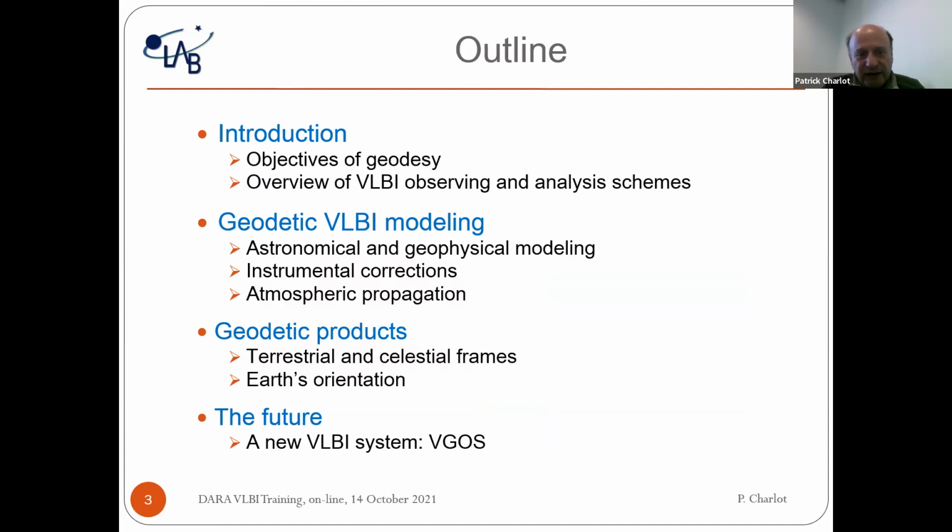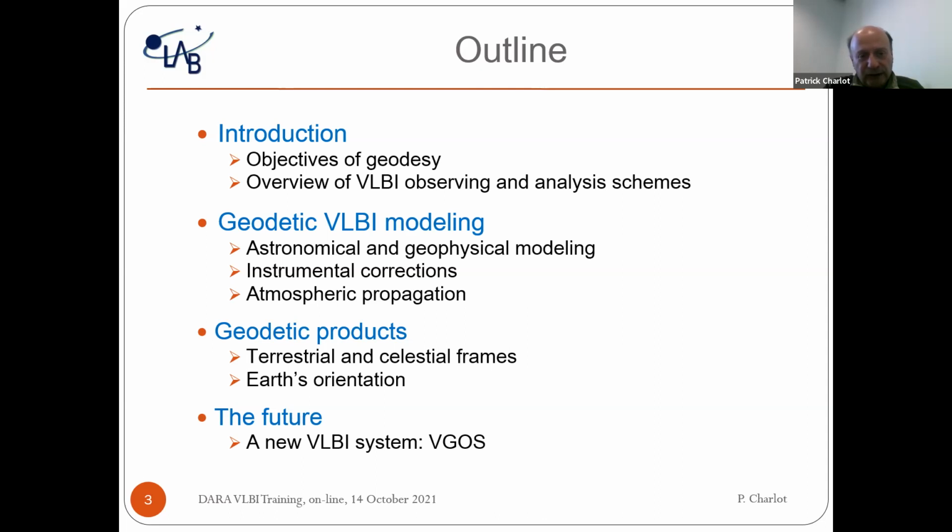This is the outline of my talk. In the introduction, I will just explain what geodesy is and give some information about the observing scheme and analysis scheme, in general terms. Then I will talk in more detail about the modeling.